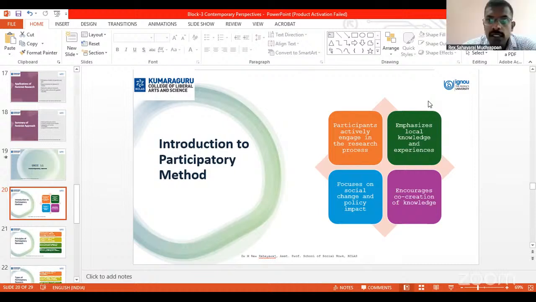Any doubt in it? You understand what is participatory research? It means your respondents, your sample, go through the process, and they are given certain tasks to participate in the research process.